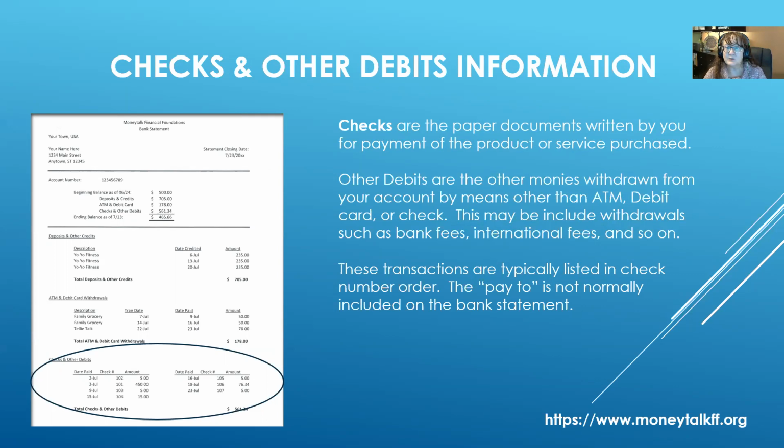Some of them will also put a little asterisk indicating that there is a gap in the check number sequence. It may be one that you voided or hasn't been processed yet, but just to let you know, that helps you catch when you're going through there that it's not 101, 2, 3, 4, 5, number 4 is missing or something like that.